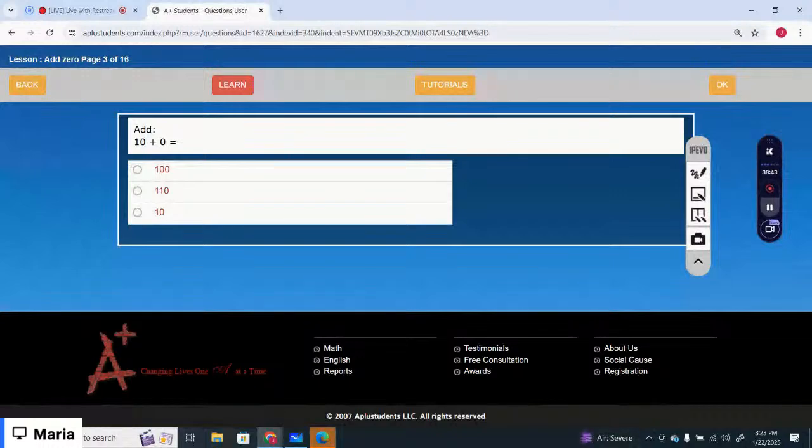Ten plus 0 equals that is 10. Option number 3 is the correct option.